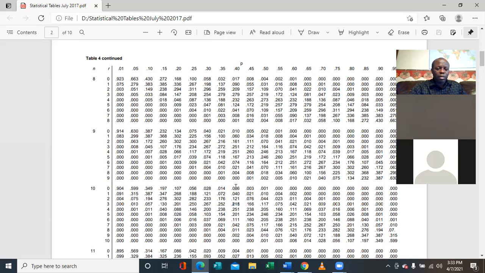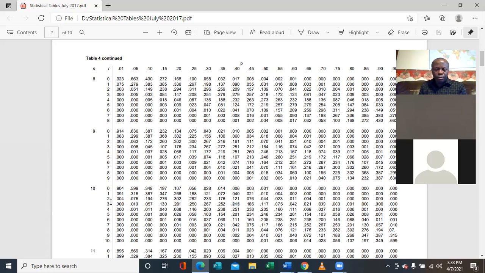So at most 3 means this one here for 0 plus this one for 1 plus this one for 2, and then the last one is 0.215 for 3.